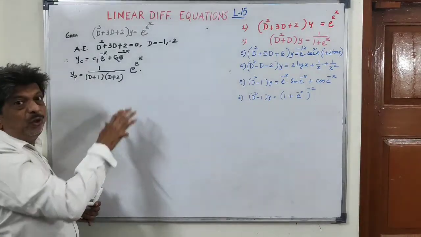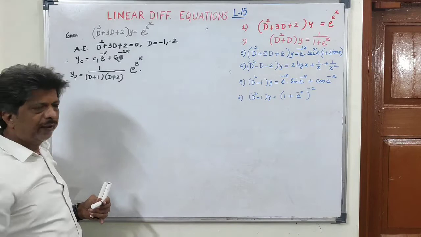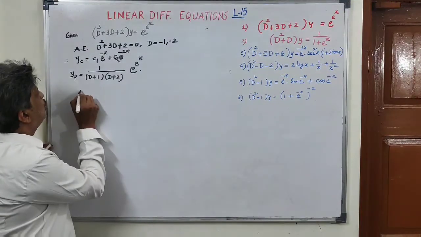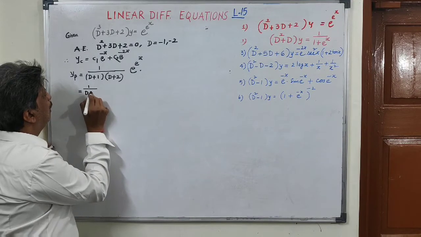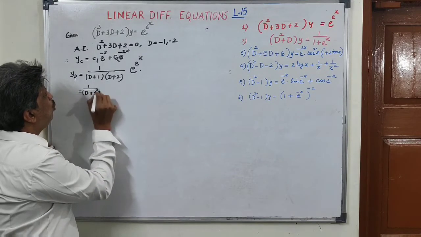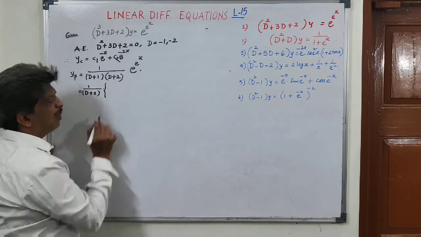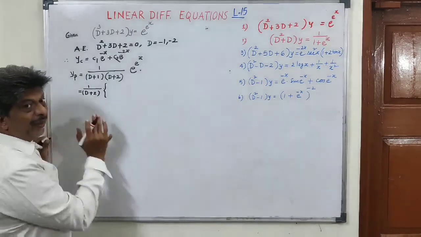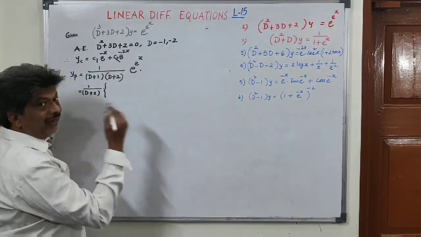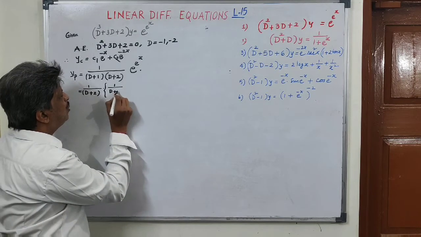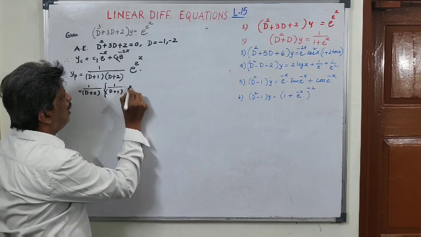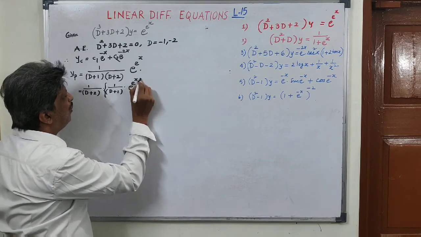Here, I am using the general integral formula. This is further equal to 1 upon D plus 2. See here, there are two factors in the denominator, D plus 1 and D plus 2. I am keeping D plus 2 outside, and in the inner bracket I am writing 1 upon D plus 1 operating on e raised to power x.